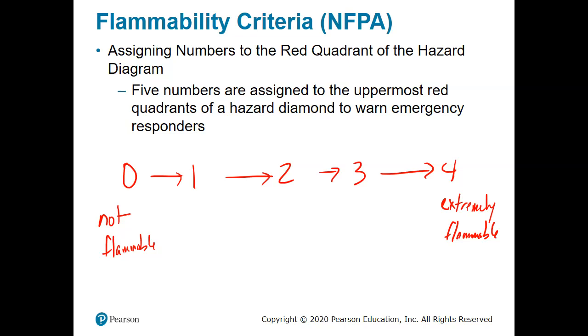So we learned all this in chapter 1 already. Now, how do these criteria that we just talked about map to this?